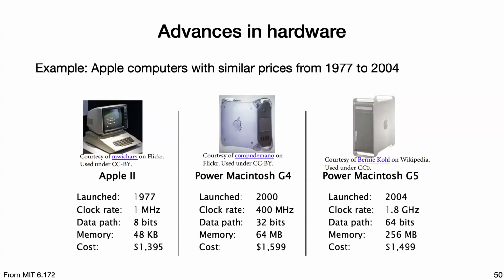In 2000, the clock rate goes to 400 megahertz, the memory is now 64 megabytes, and the cost is still about $1,300. And in 2004, the clock rate is now 1.8 gigahertz, the memory is 256 megabytes, and the cost is $1,500. Controlling for price, the clock rate and the data size are increasing. So your machine has access to more resources, and your algorithm can do bigger and also faster work with no real change.